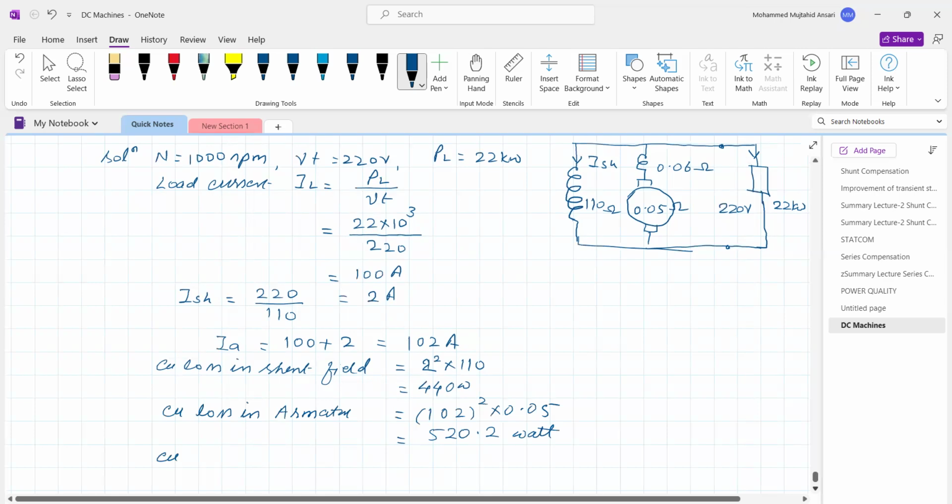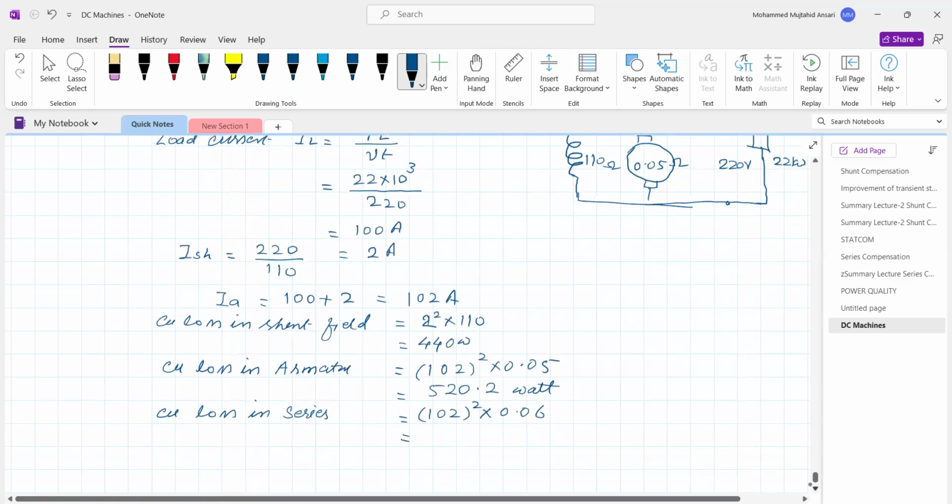Similarly, Cu loss in series field winding is 102 squared, because the current flowing through the series field winding is the same as that of armature. Only the change is multiplication of the resistance 0.06, and the series field resistance loss is 624.3 watt.